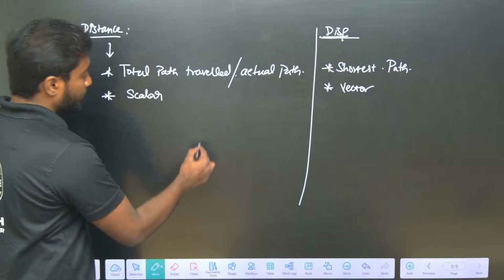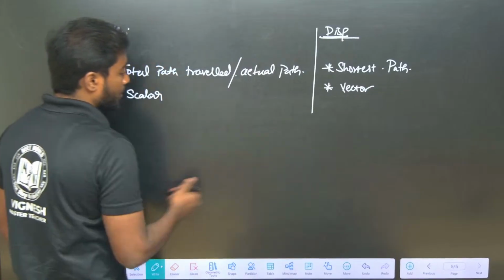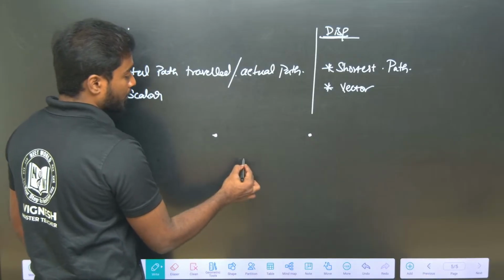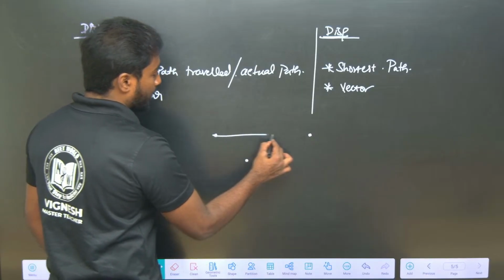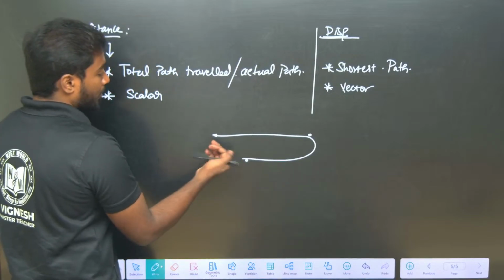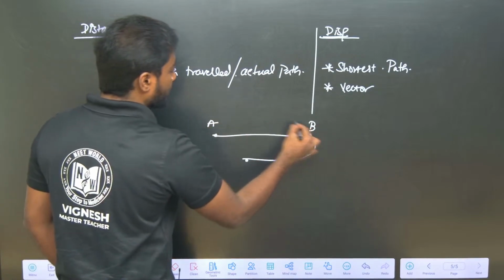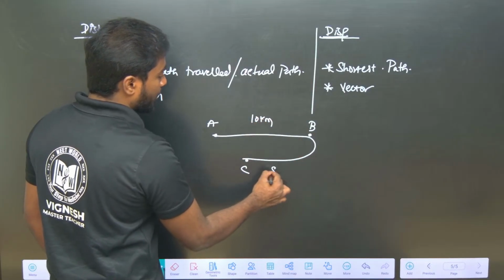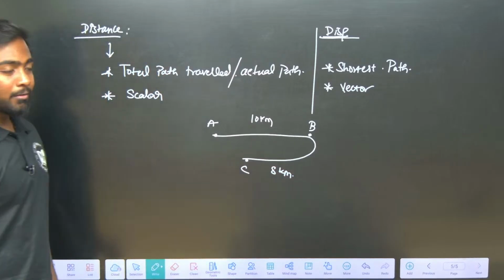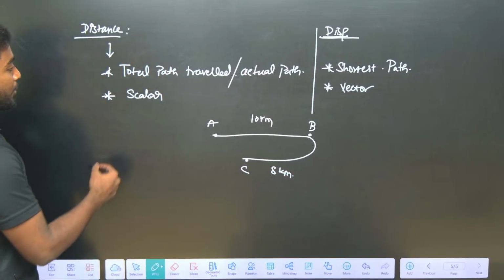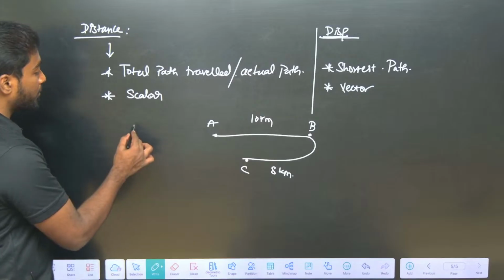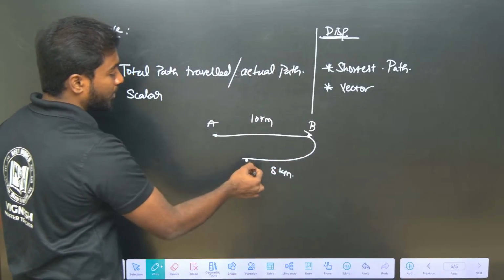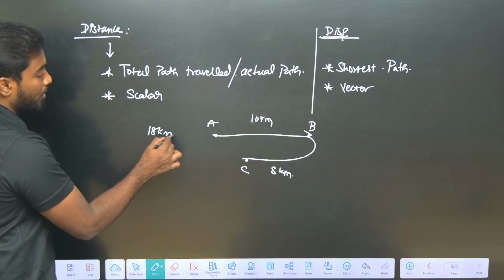For example, let me take point A, point B, and point C. I am travelling like this. Point A to B is 10 kilometer, point B to C is 8 kilometer. So what is the distance from A to C? A to B is 10 plus B to C 8, so 18 kilometer.